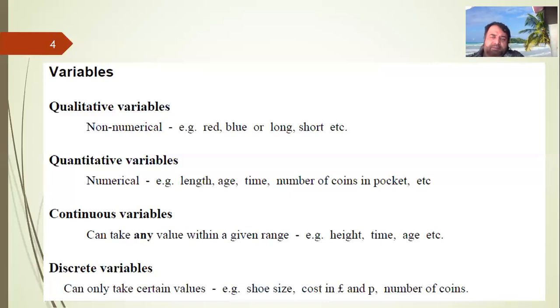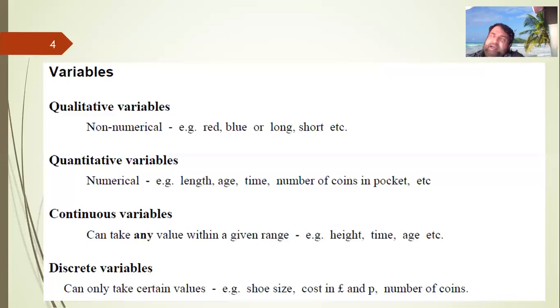And when the baby has grown up, when it becomes an adult, then maybe his or her height is 6 feet or something like that. So in between, from 1.2 feet to 6 feet, when he or she is growing, the height takes any value in this range. So that means height is continuous data. It can take any value in a given range.